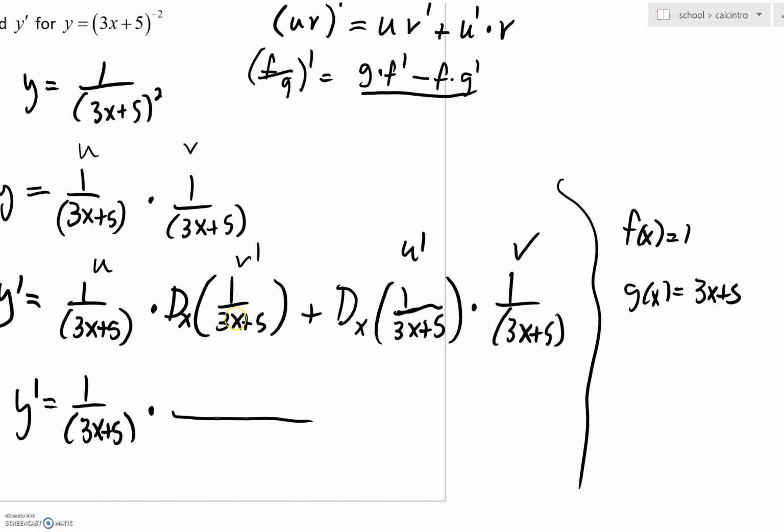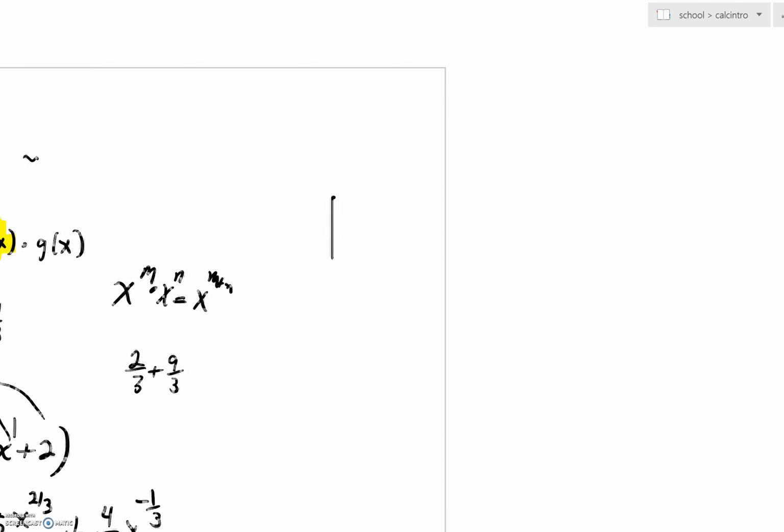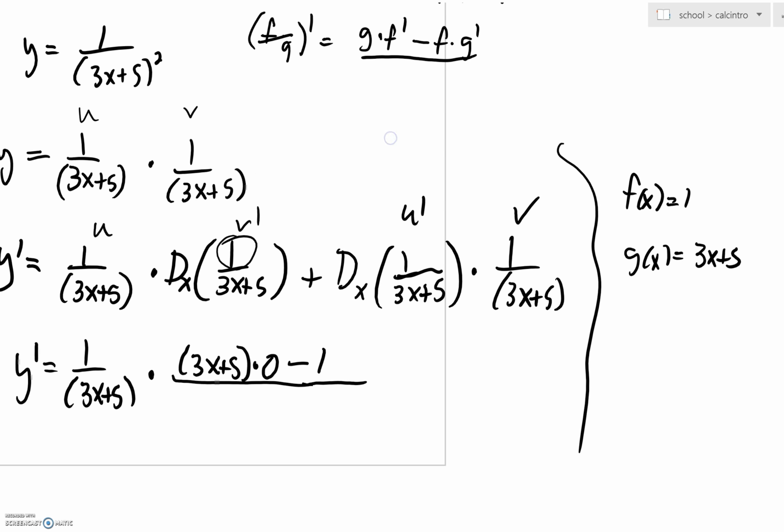So we'll say low, that's 3x plus 5. D high, well, what's the derivative of 1? Well, that's going to be a 0. Minus, so we did low d high minus high d low. And what's the derivative of that bottom one? Well, that's just a 3, all over low squared.